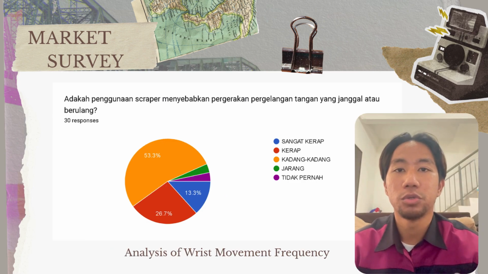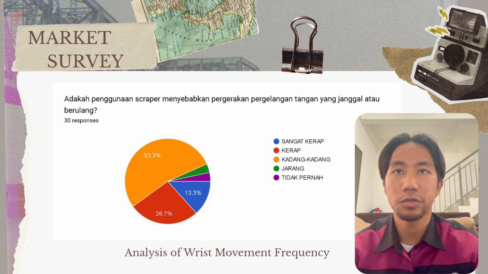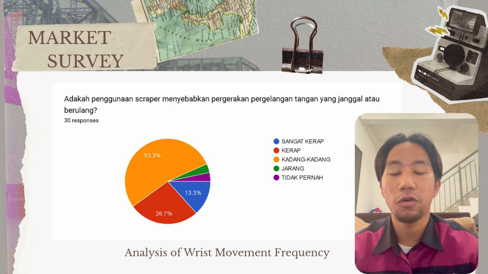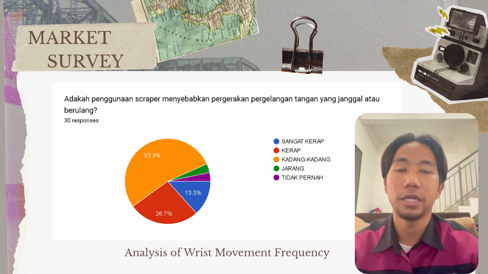Okay, I will continue our market survey. So next, for analysis of wrist movement frequency, based on the pie chart involving 30 respondents, the data examines whether using a scraper causes awkward or repetitive wrist movement. The majority of participants, accounting for 53.3%, reported that they experience such movement sometimes.